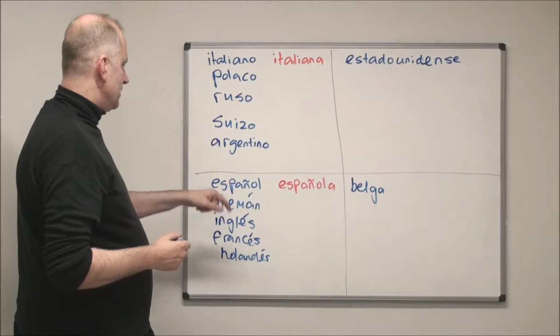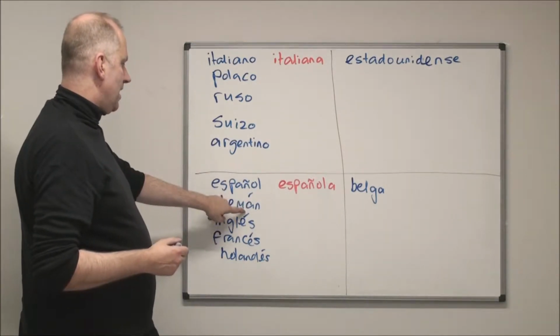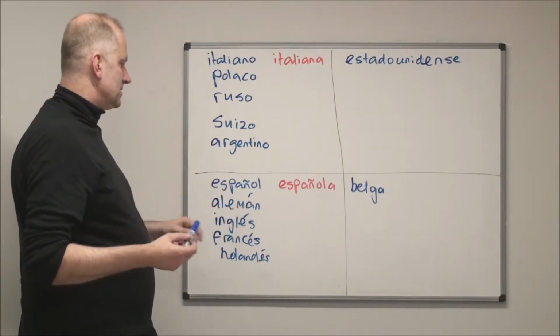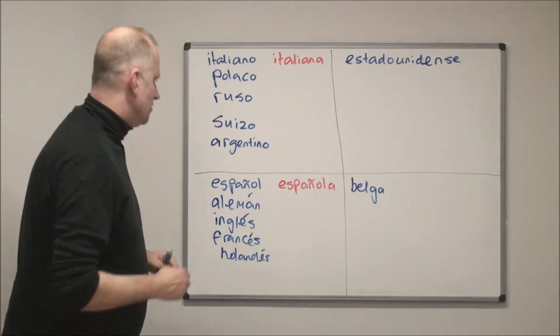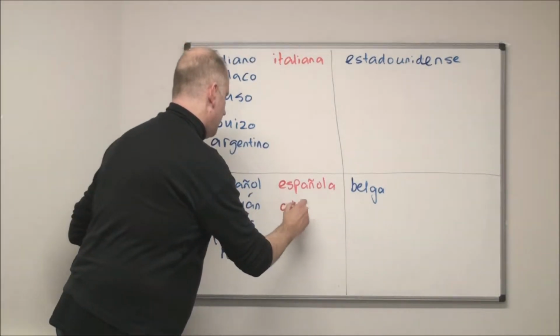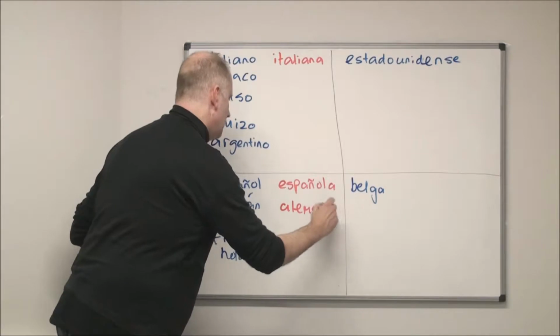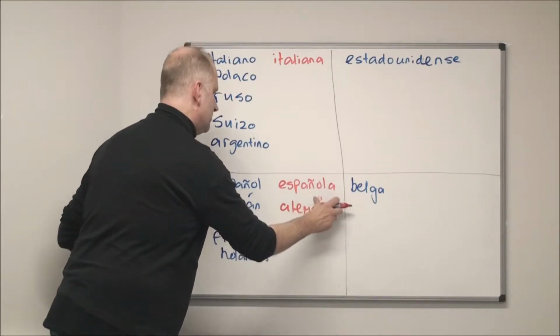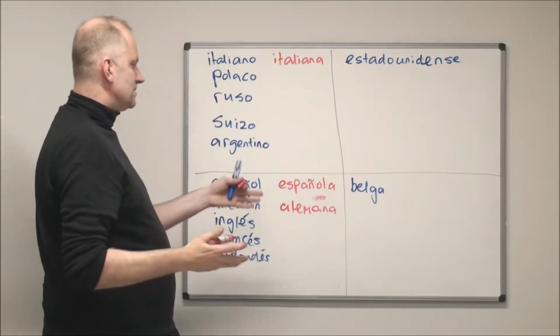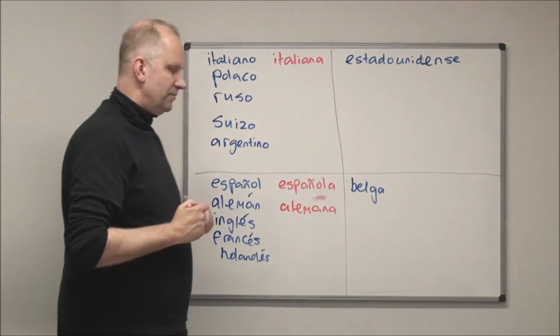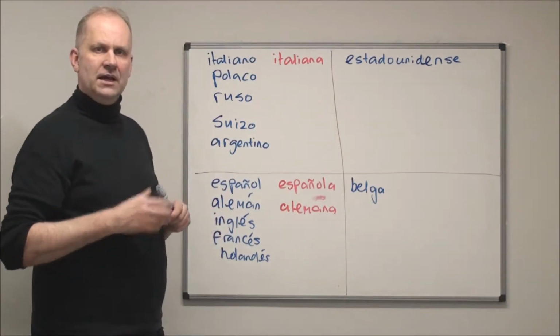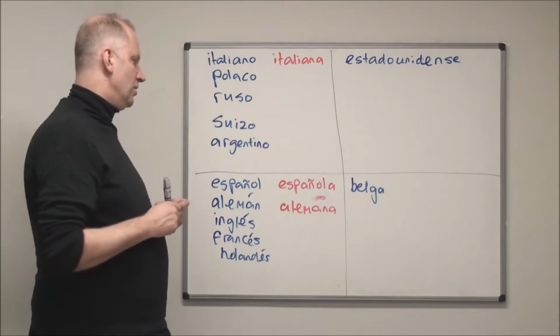But also, with the ones that end like Alemán, you can see there's an accent on here. This is helping with pronunciation. So when you make it female, by adding an extra syllable, you take off the accent, you don't need that anymore. It's best to look at the tutorial on where the stress lies in words.